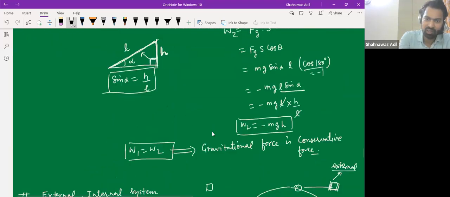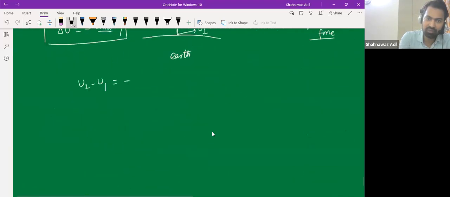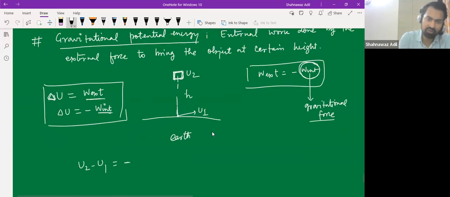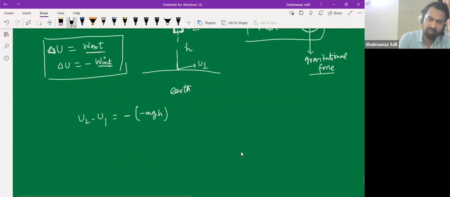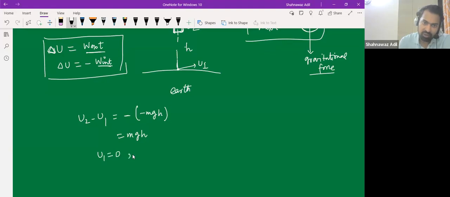Okay, sir. So this is minus of mgh. Okay. So then this would be mgh. And at this point, u1 is 0, right? So u2 is u. So your potential energy at that height would be mgh.